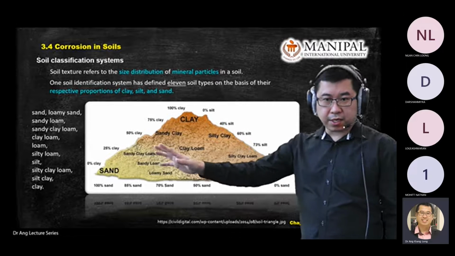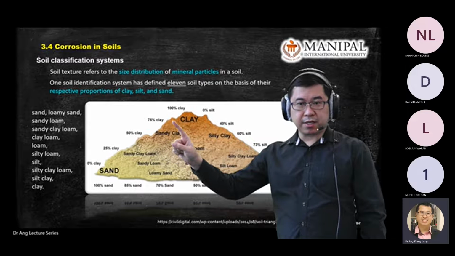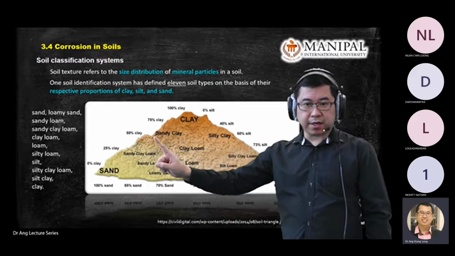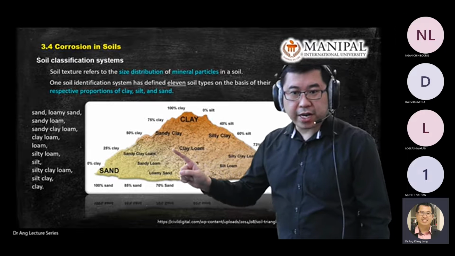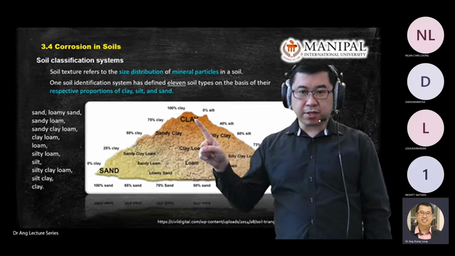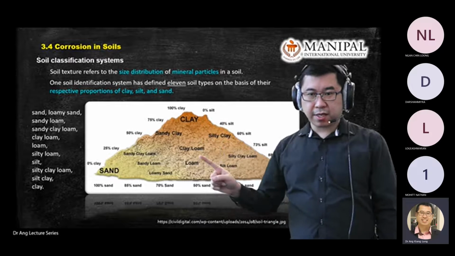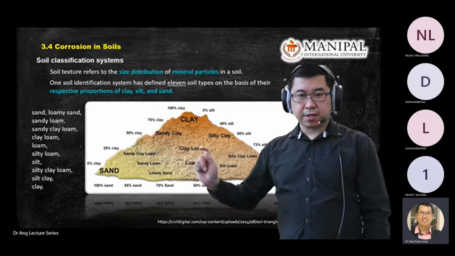So this will give you some idea of where the names fall. For example, clay loam is quite balanced. Clay loam consists of clay, sand, and silt in a very balanced percentage.